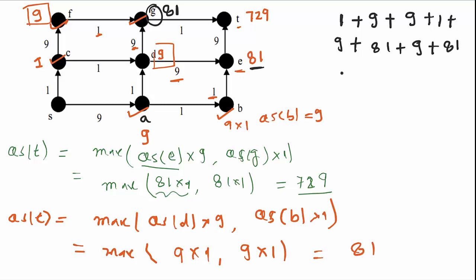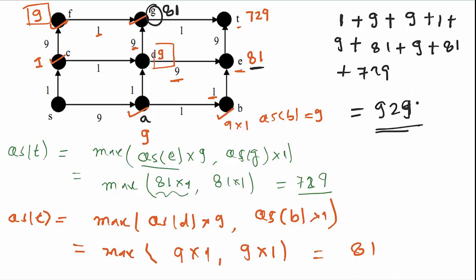H is not there, directly T is there, so the quality score of T is 729. If we sum it up, it comes around 929. This is the answer that we get.